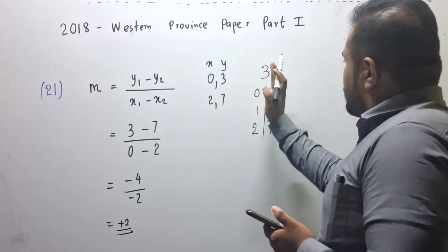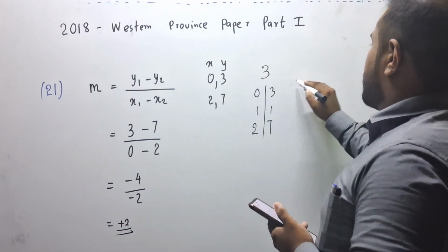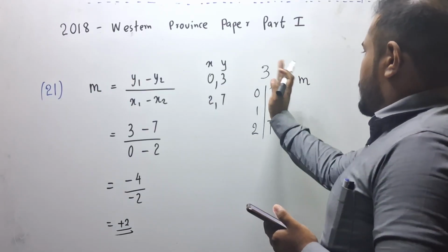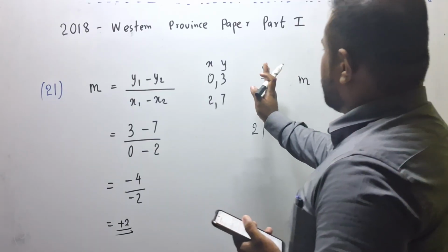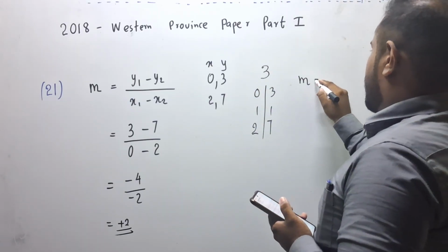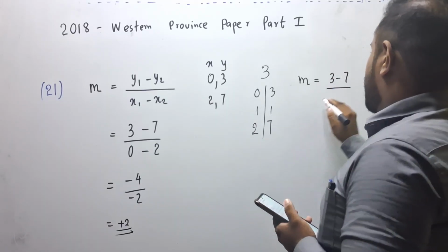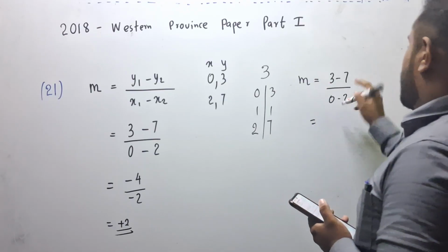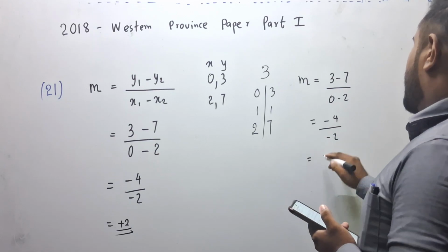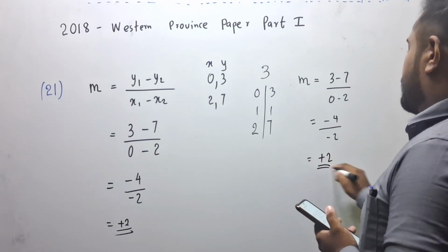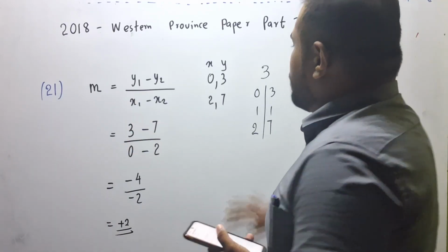Then rotate this to the left side and this 3 appears as M. 3 minus 7 over 0 minus 2. 3 minus 7 is minus 4. 0 minus 2 is minus 2. Minus 4 over minus 2 is plus 2. You can use any of these methods, using the equation or using the hack.